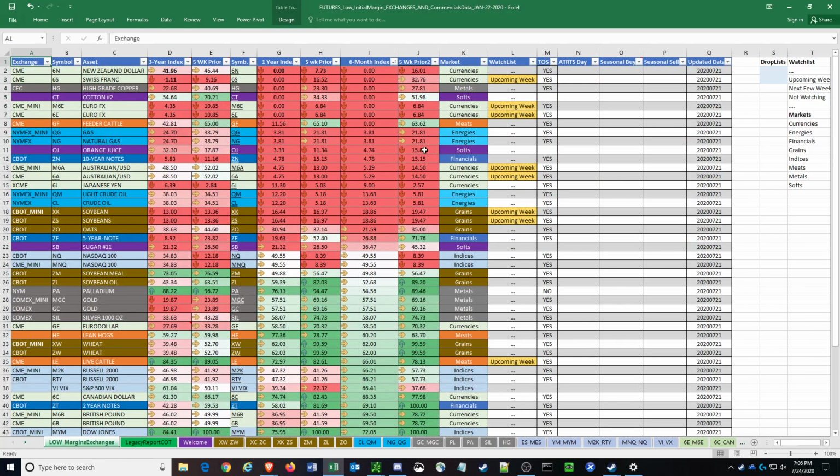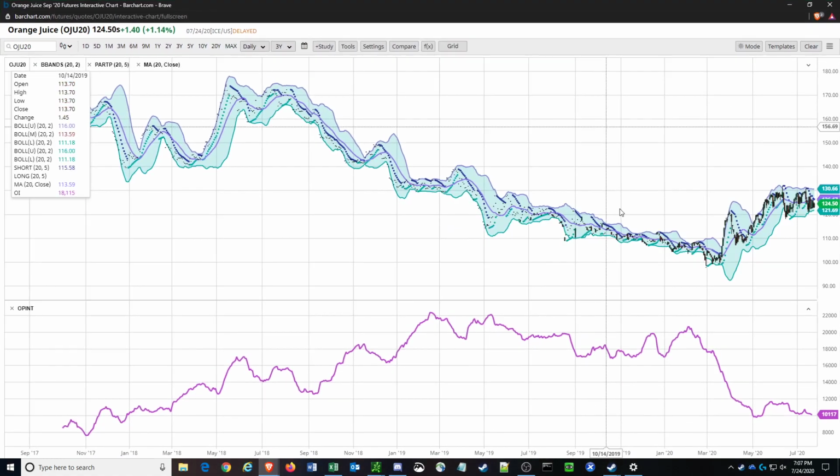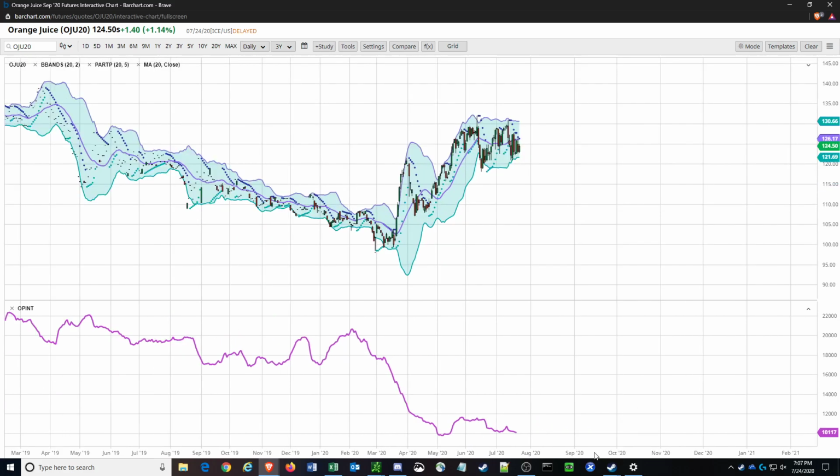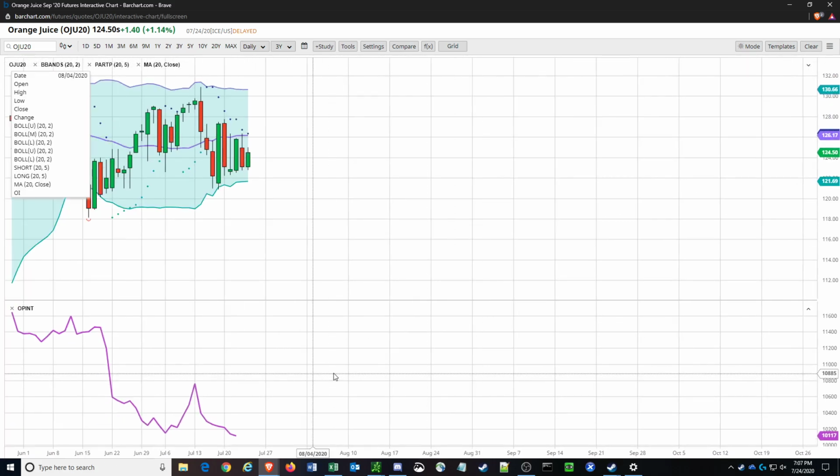Orange juice, not looking that great, right? All three indexes looking like they're in the red here. And so let's do the September contract for orange juice just to take a quick peek to see if this is what the sentiment really is. Well, that's an interesting chart, huh?